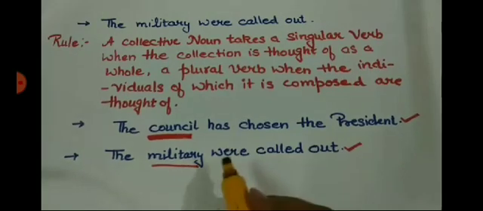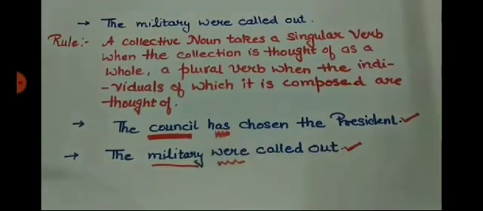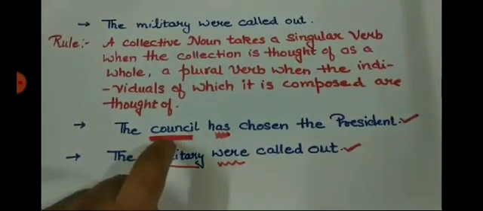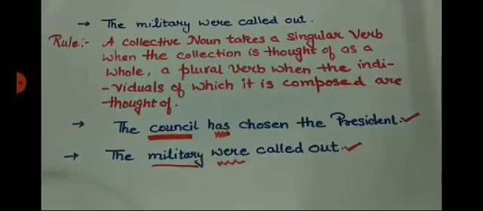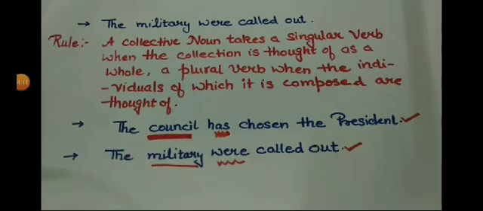So I have used were here, and I have used has there, because council is being considered as a complete whole entity, and we are not thinking about the individuals of which the council is composed.